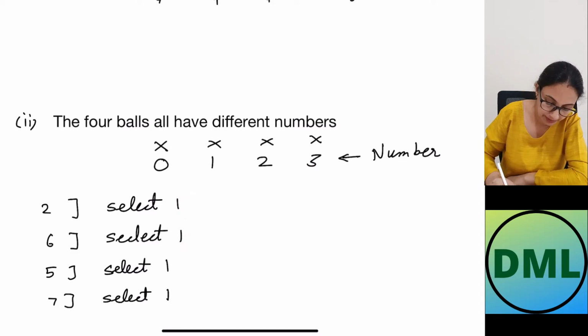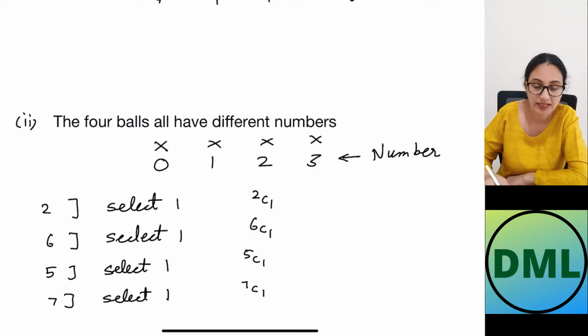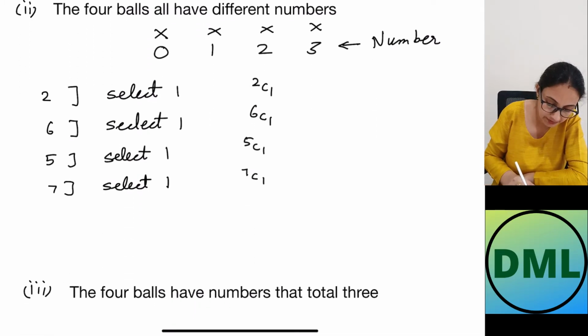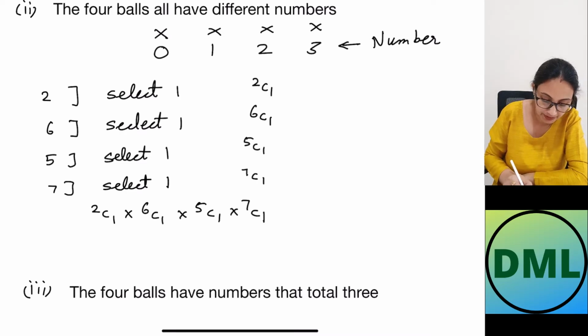So this can be done in 2C1, 6C1, 5C1 and 7C1. Because I am doing it together, selecting all the 4 balls, my answer will be 2C1 multiplied by 6C1 multiplied by 5C1 multiplied by 7C1. If you solve it, your answer will be 420 ways.